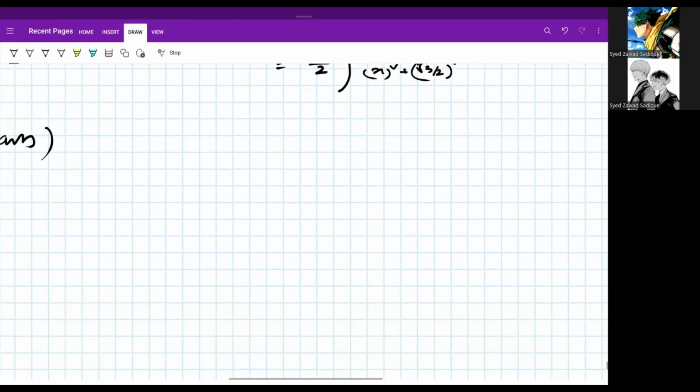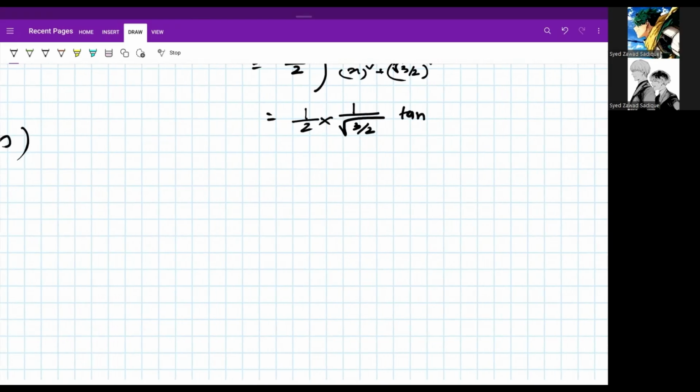Then you can write 1 by 2 multiplied by 1 by root 3 by 2 tan inverse x by root of 3 by 2, plus c.